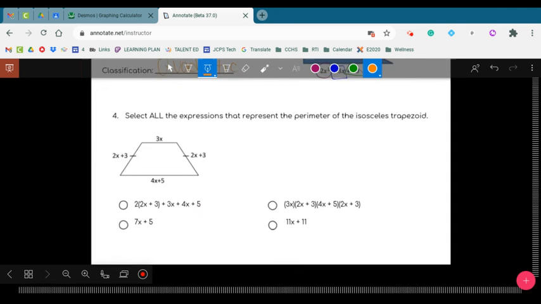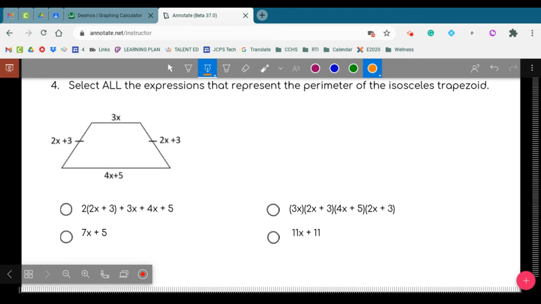Next, it says select all the expressions that represent the perimeter of the triangle. So for perimeter, we've got to add all our sides together. So we're going to combine our x's. So 3x, 2x, 2x, 4x is going to give me 11x. And then 3, 3, and 5 is going to give me 11.